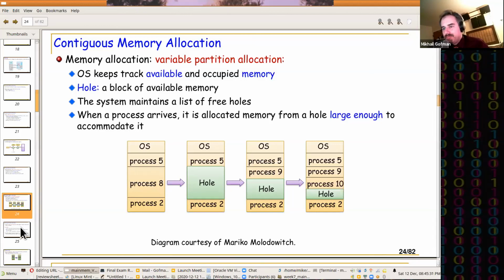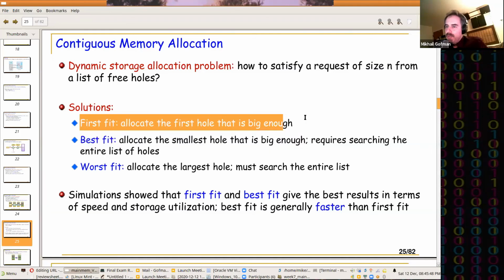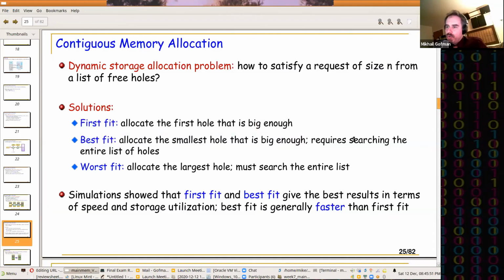So what are some things we can do as we try to fit the process into memory? There are 3 solutions. One is called first fit, and the idea behind first fit is we allocate the first hole that is big enough. There is the best fit, which will allocate the smallest hole that is big enough, but it requires searching the list to find the smallest hole that is big enough to fit my process.